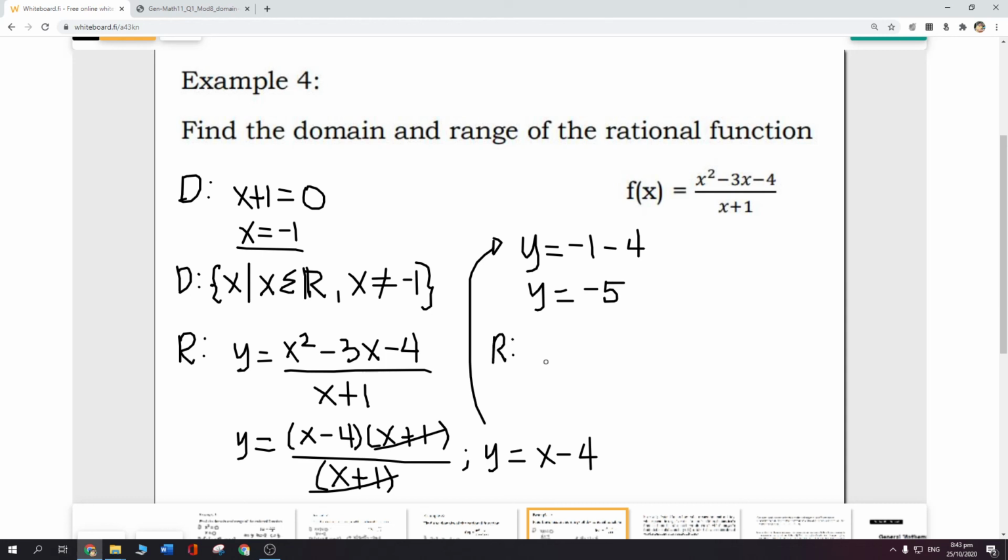Therefore, our range is y such that y is an element of real numbers wherein y is not equal to negative 5.